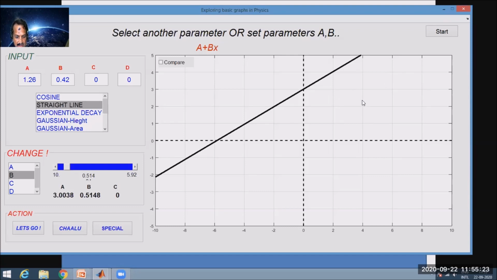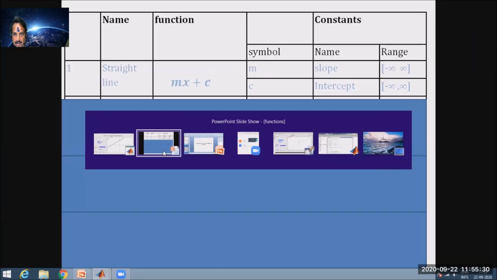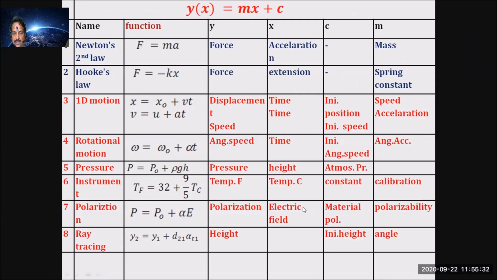So let us look at where this function comes in physics. Well, it is difficult to give a comprehensive answer on where in physics it comes. It is everywhere. So I have tried to tabulate some of them.